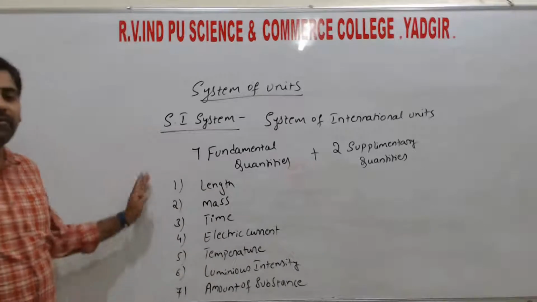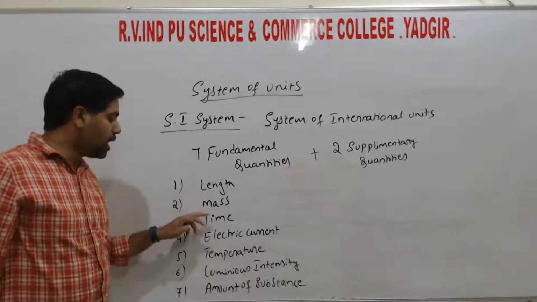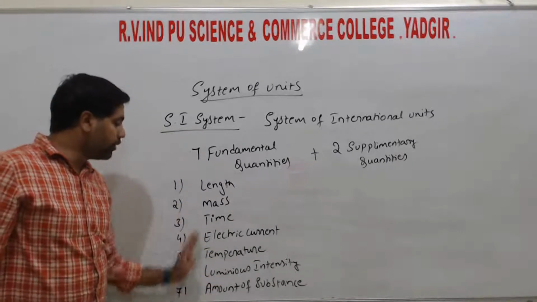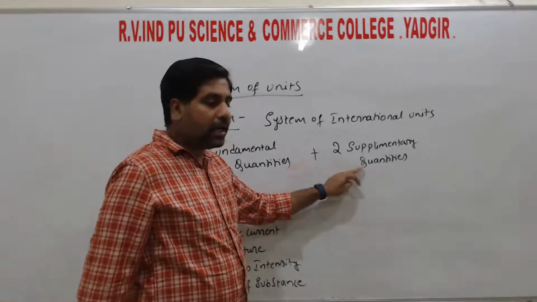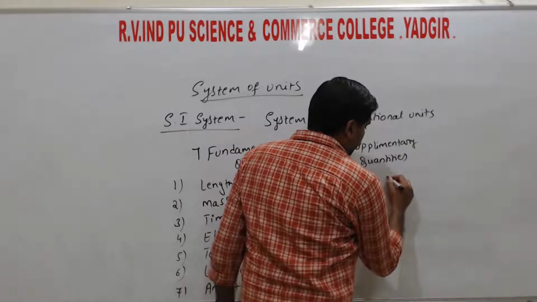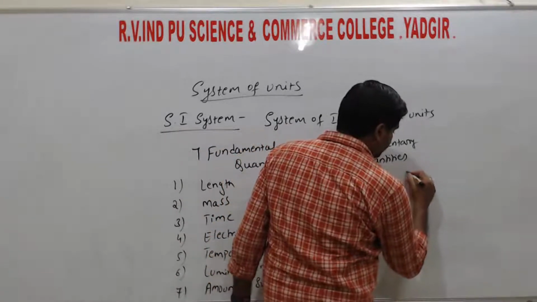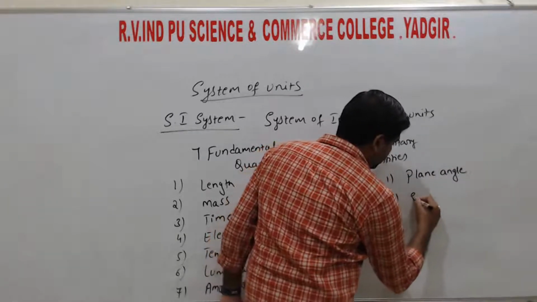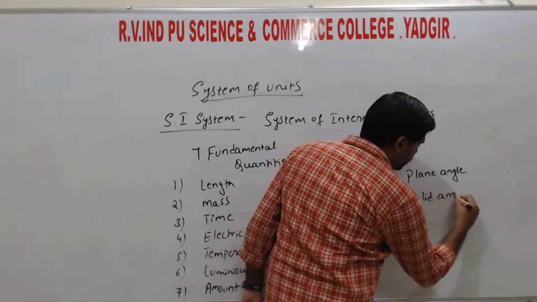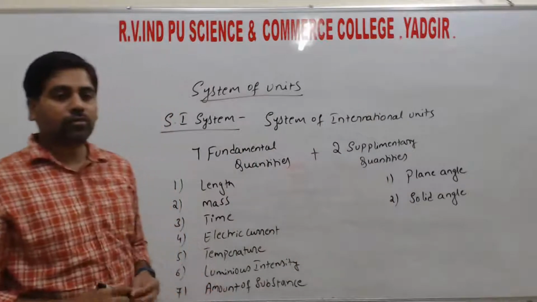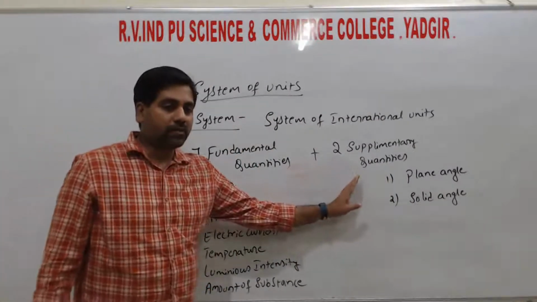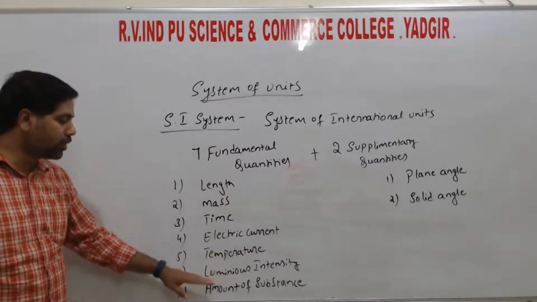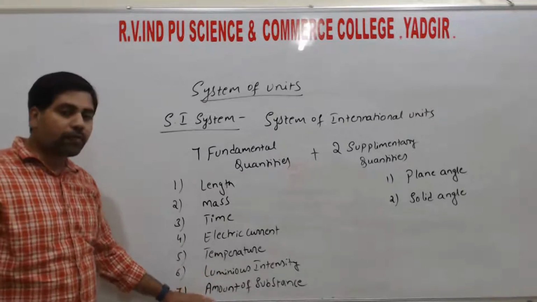So these are the seven fundamental quantities: length, mass, time, electric current, temperature, luminous intensity, and amount of substance.